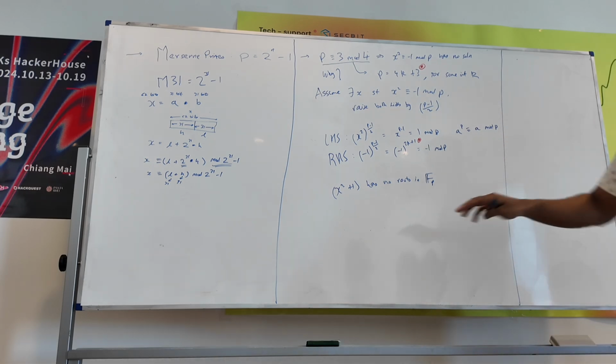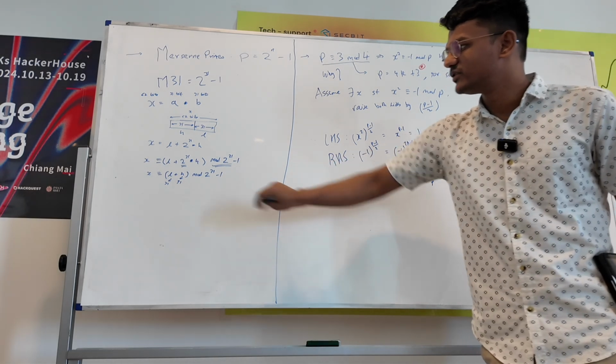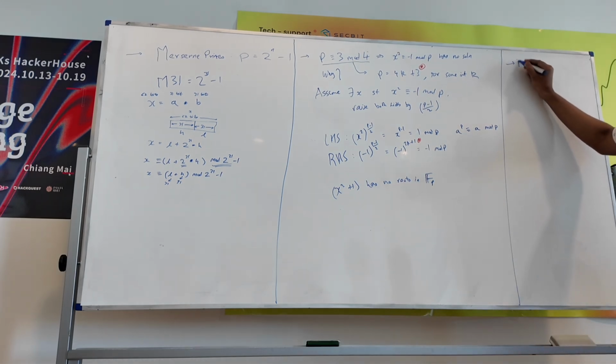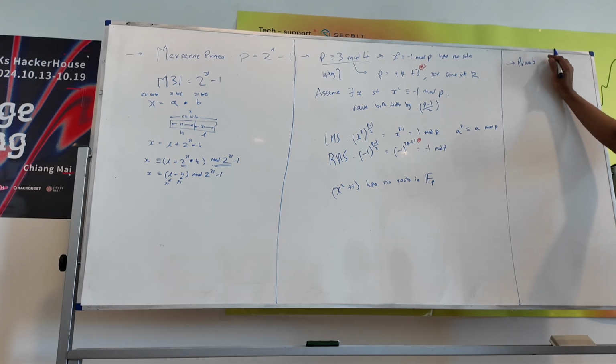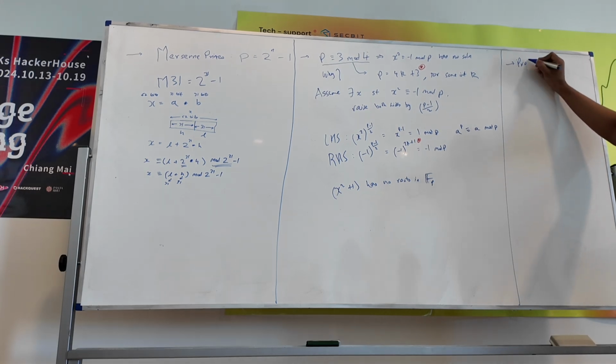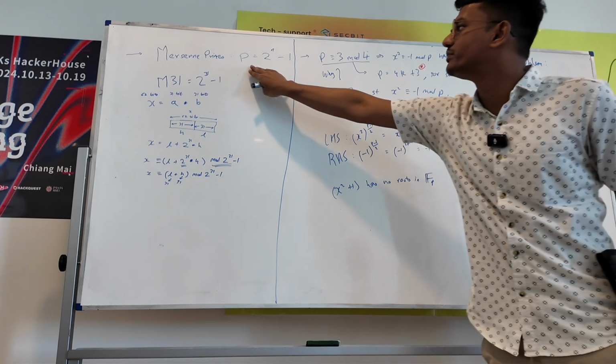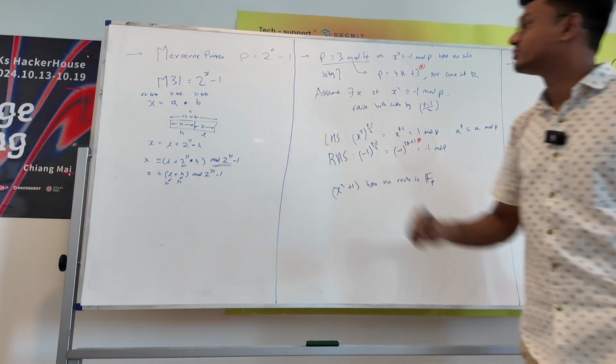We want to use circle STARKs because they are very fast, but the problem with using Mersenne primes is that they are of the form p equal to 2 raised to n minus 1.